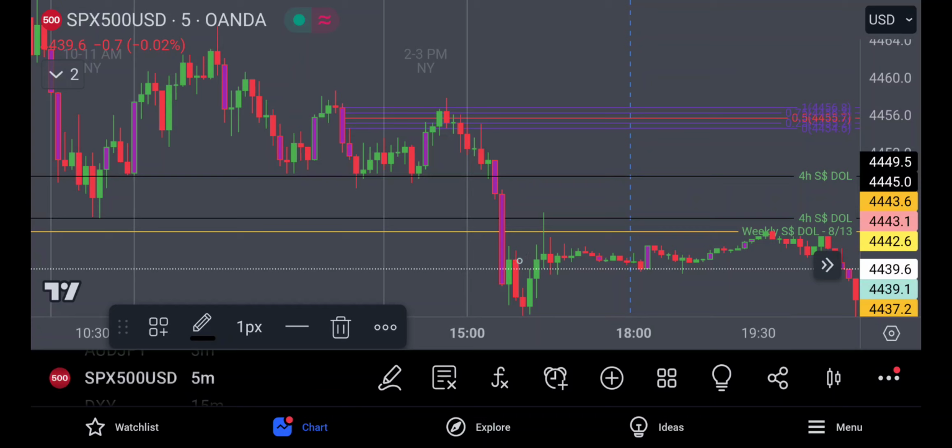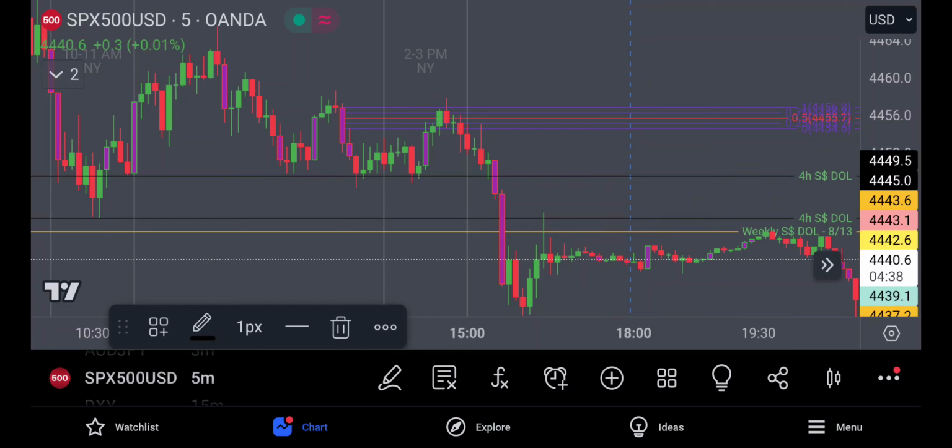ICT did not say to wait for an FVG to form, but he said to watch for price to trade within an FVG between the time periods, which are 3 a.m. to 4 a.m. Eastern Standard Time, 10 a.m. to 11 a.m. Eastern Standard Time, and 2 p.m. to 3 p.m. Eastern Standard Time.